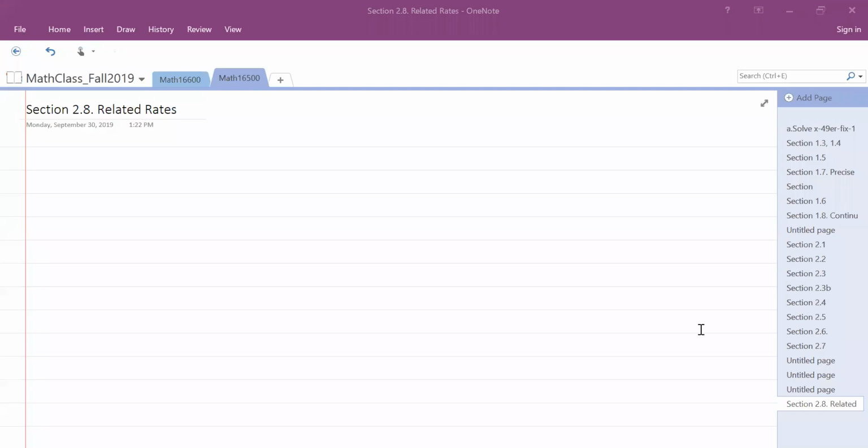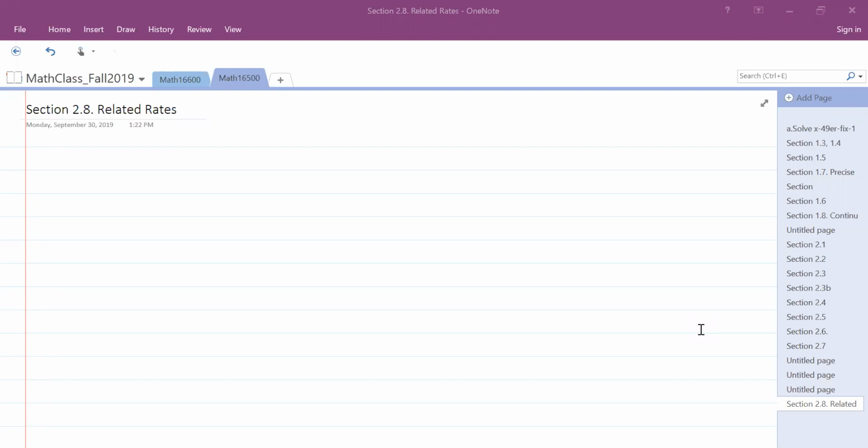Okay, today we are going to study related rates. Related rates is about several quantities that are related, but each of them depends on another independent variable, such as time t.